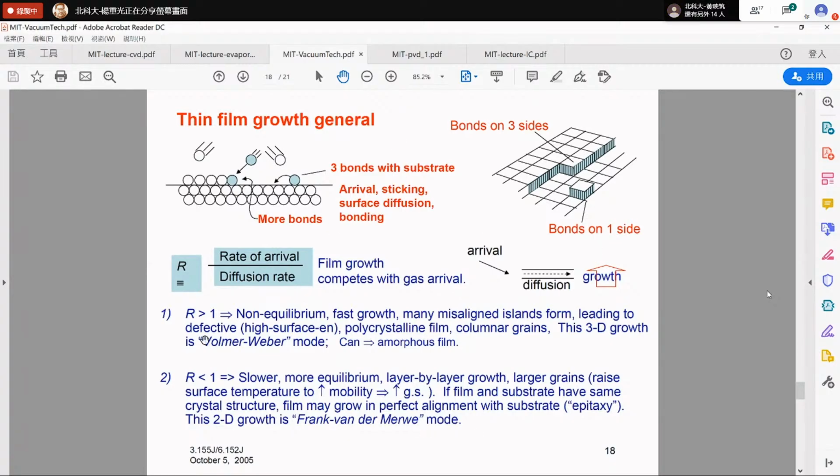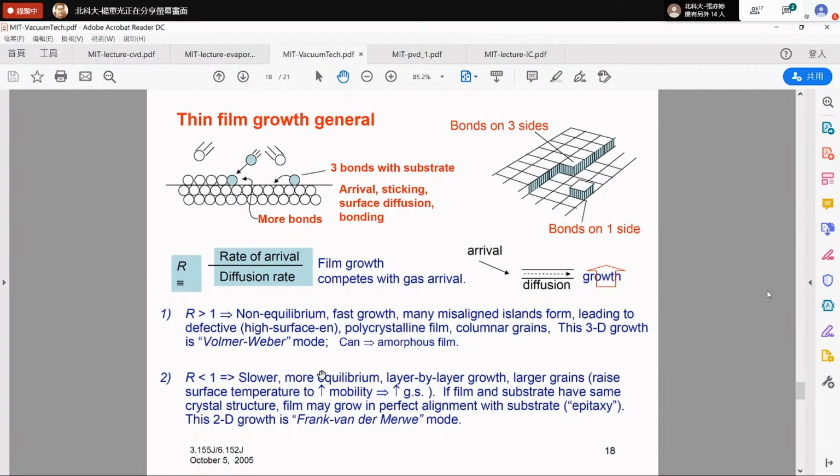This is the mechanism of thin film growth: R greater than 1 is the Volmer-Weber mode, and R less than 1 is the Frank-van der Merwe mode.